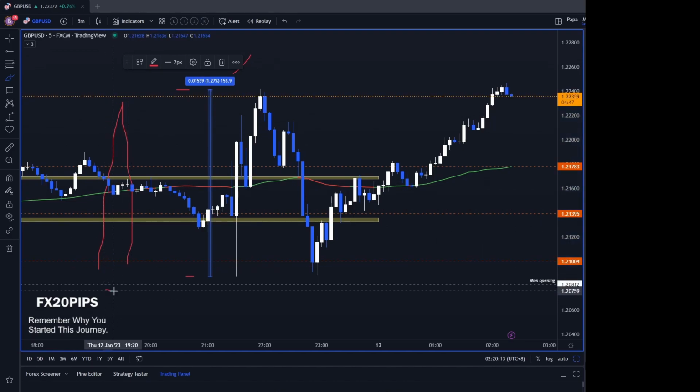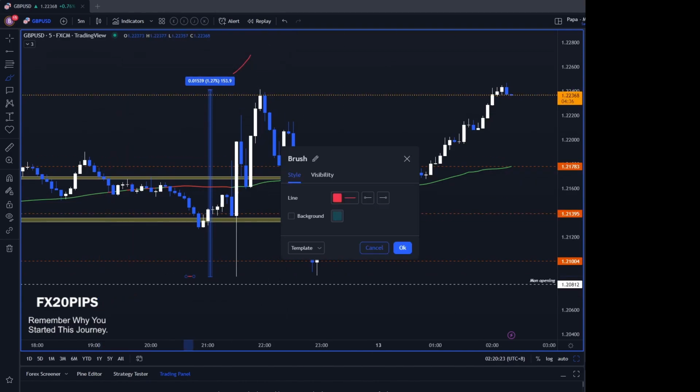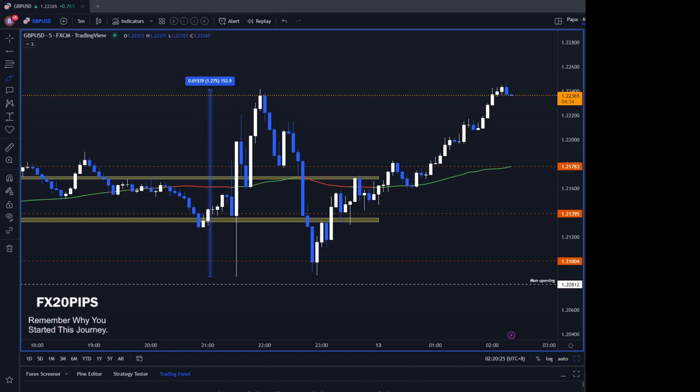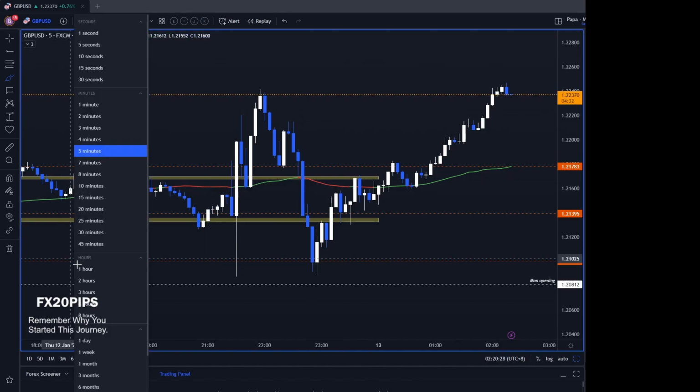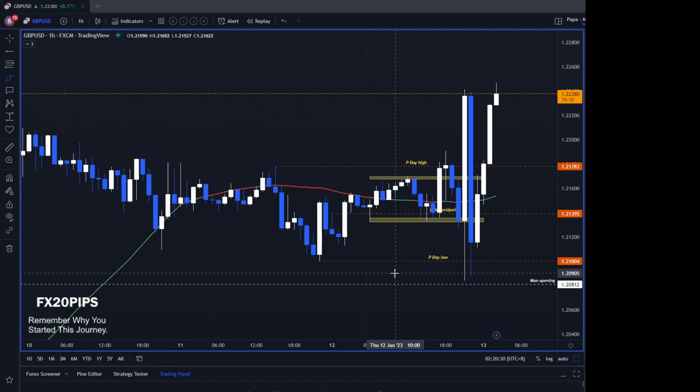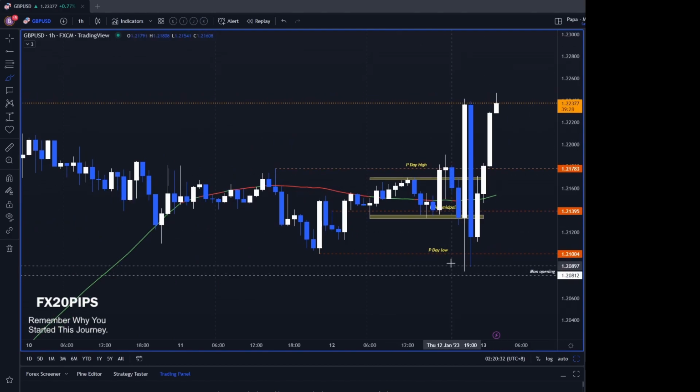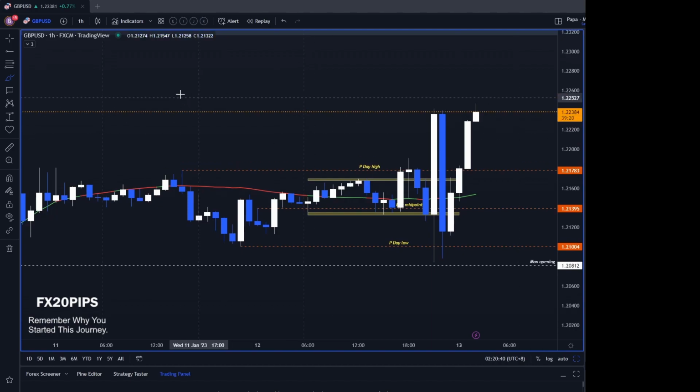So that's about 300 pips of movement. How many pips did you get? This is what I mean: 150 up, 150 down, now another 150 up. This is a crazy day.